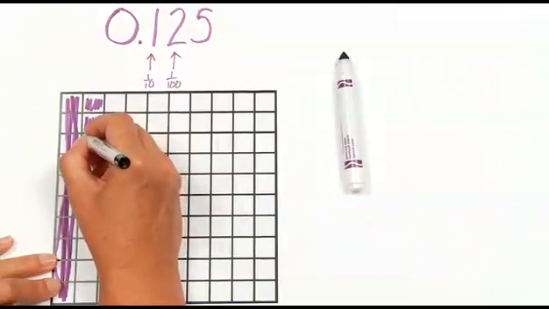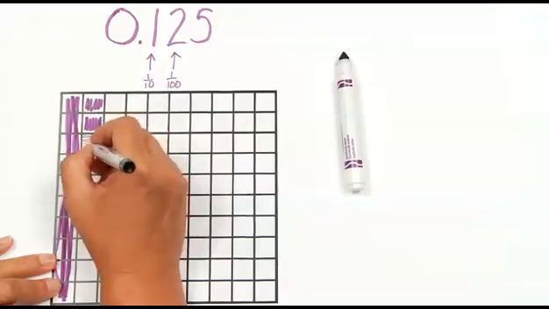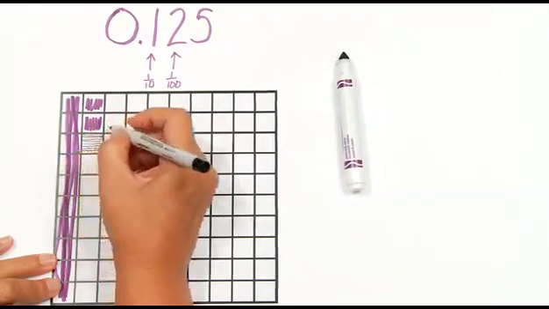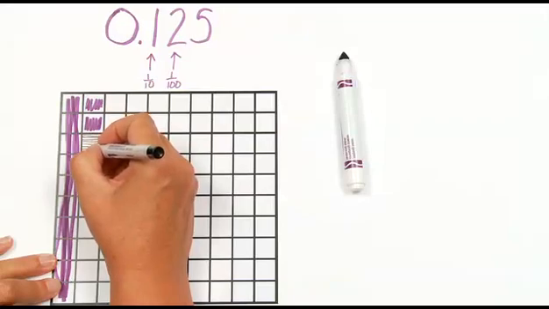I'm going to try and make those as even as I can. It's kind of tricky. Let me double check that I've got enough. 1, 2, 3, 4, 5, 6, 7, 8, 9, 10.